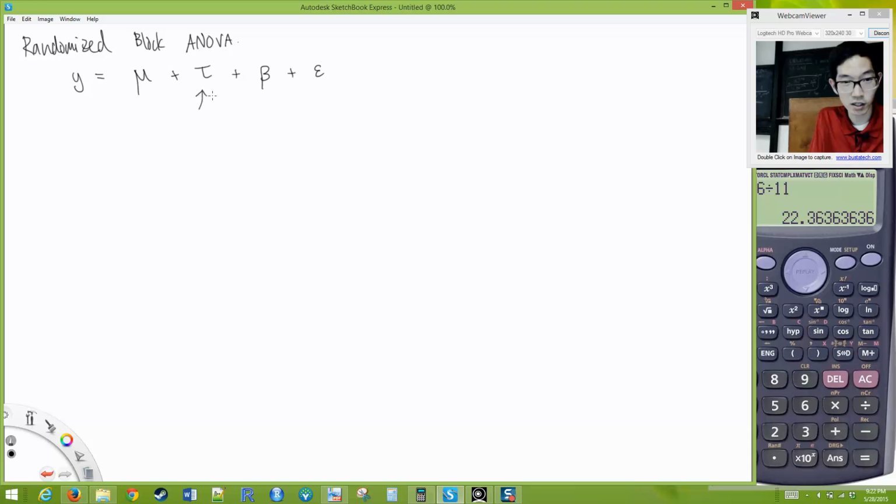So a block is pretty much a second factor, okay? A block is another factor or variable, but generally a factor or variable that we suspect has an effect on the response.